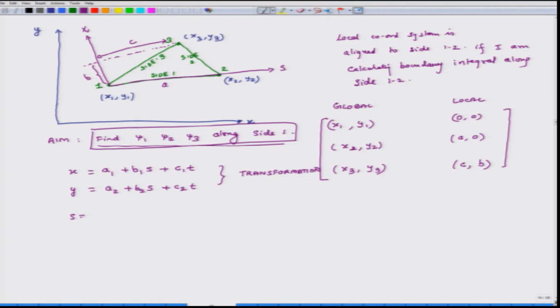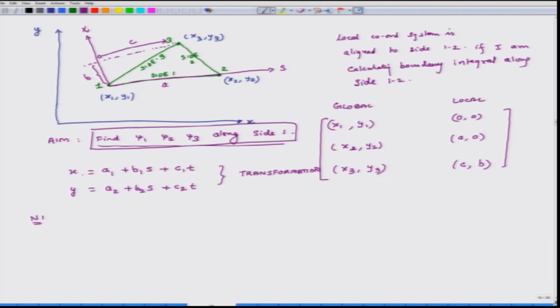When s is equal to 0, t is equal to 0, that is for node 1, x is equal to x1 and y equals y1, right. Actually this we have already written here, so I do not have to write it. So let us consider node 1 and apply equation 1.